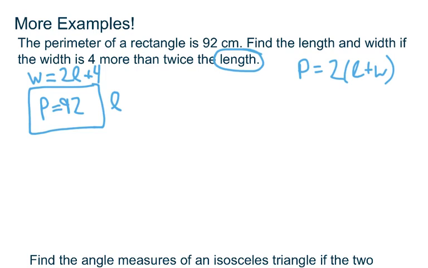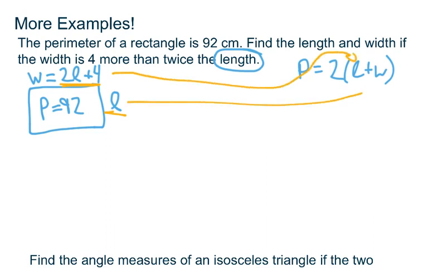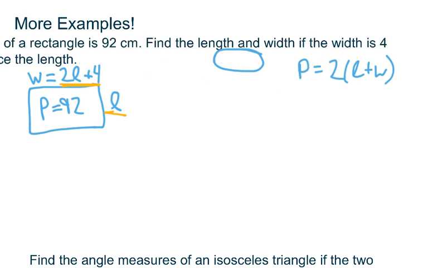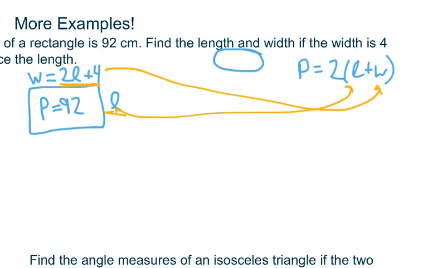Now, what I'm going to do is take these two things and plug them into here. Well, I kind of drew the arrows backwards there. Let me undo that. All right. This L will go to L, but then the width, that expression of L will go there. So the problem is, we can't solve this yet until we only have one variable. We have a value for P.